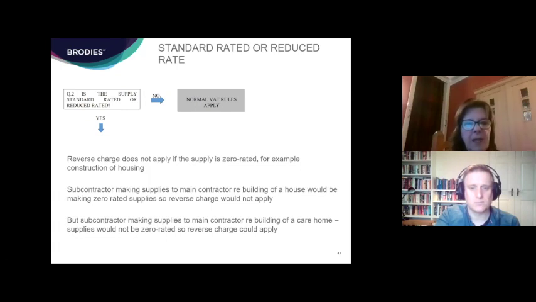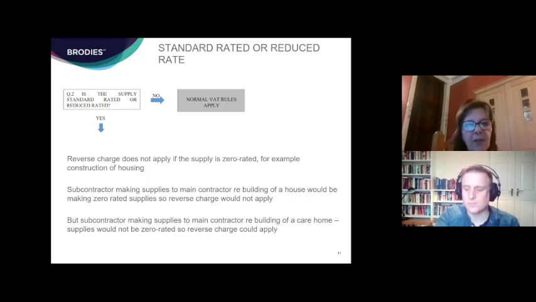But you have to be a bit careful about this because the supply chain system is a bit different depending on whether you're building a house or building some of the quasi-residential stuff like care homes. So where you're building a house, the main contractor supplies will be zero rated and any subcontractor supplies will be as well. So in that supply chain for house building, the reverse charge won't apply at all.